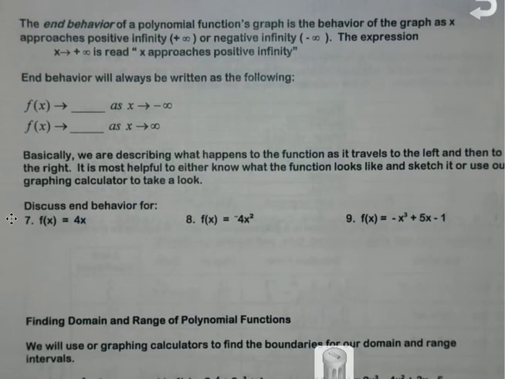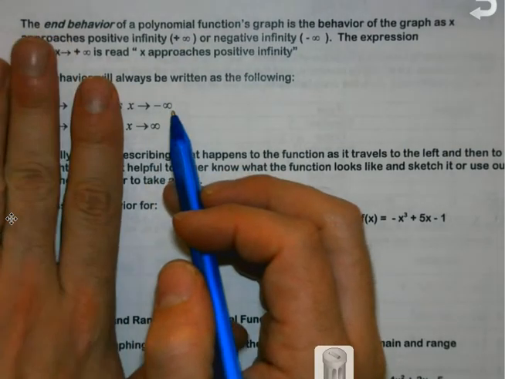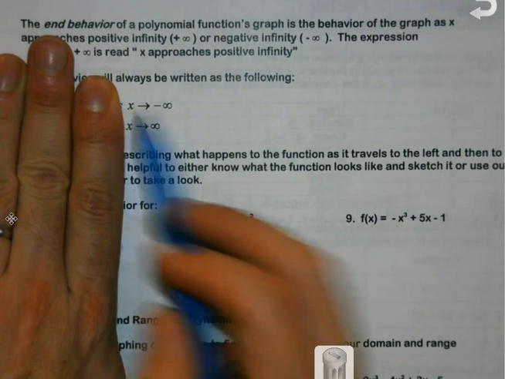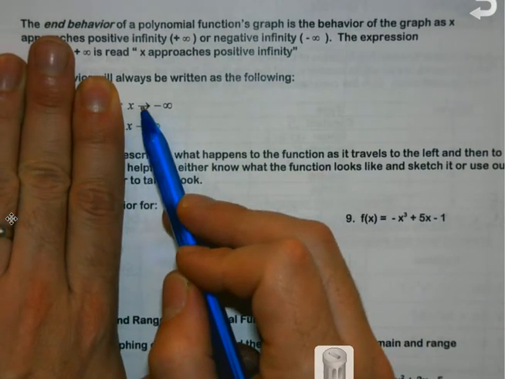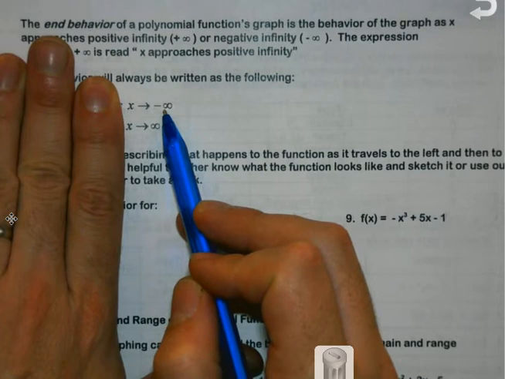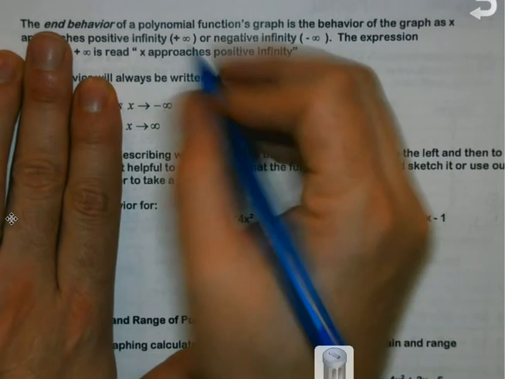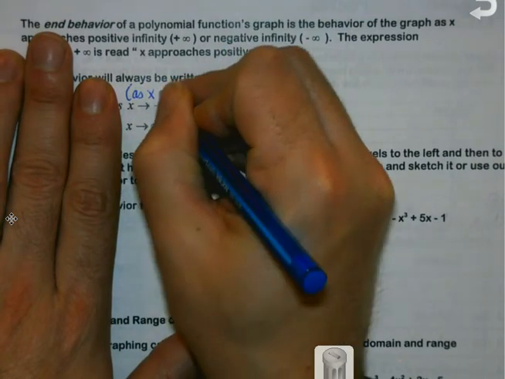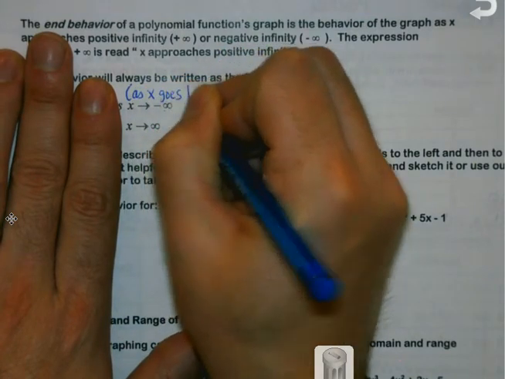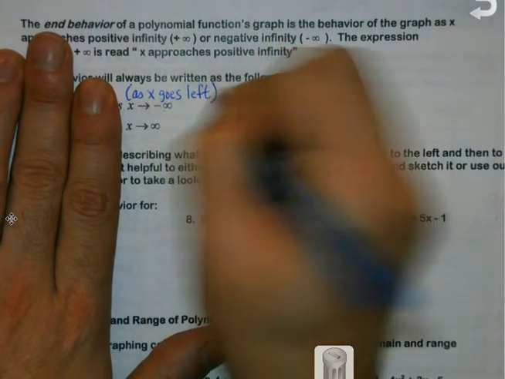So here's how I want you to think about this. If I were to say this in English, is the way I like to put it, this says x is approaching negative infinity. You're like, okay, what exactly does that mean? Sounds like a foreign language. In English, this means as x goes left.